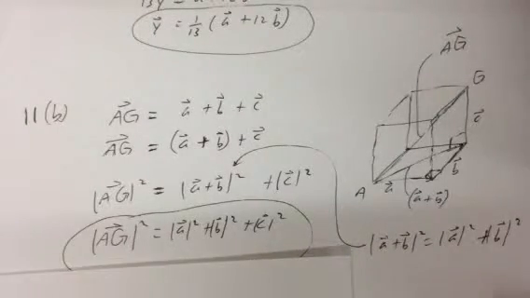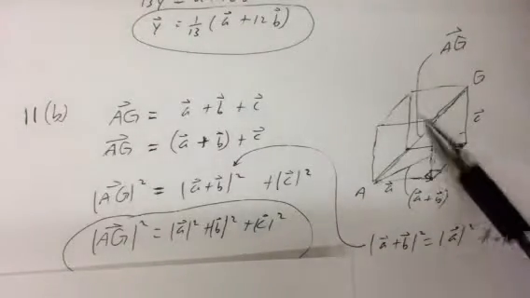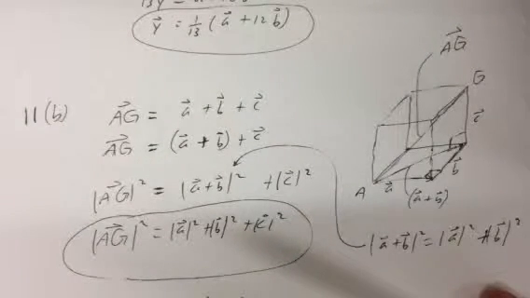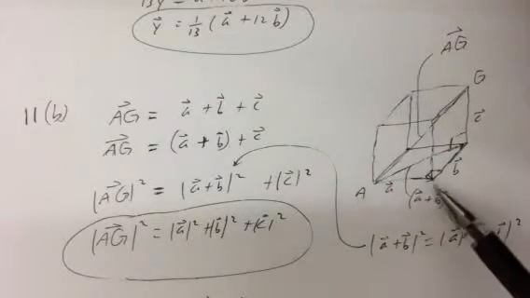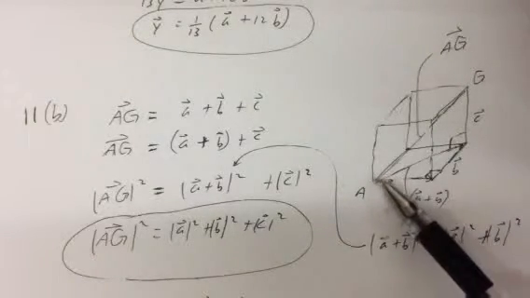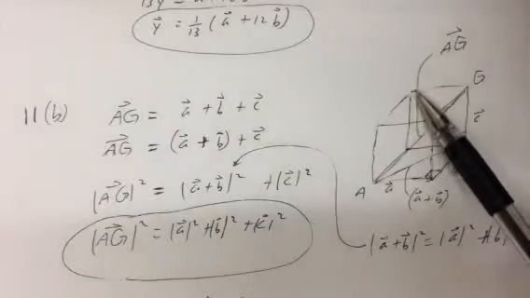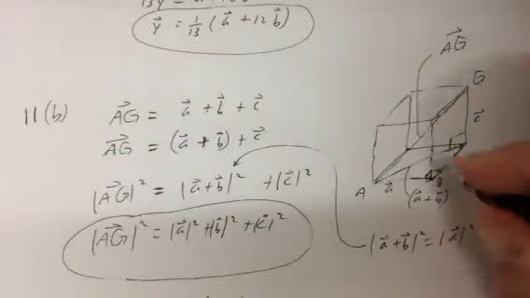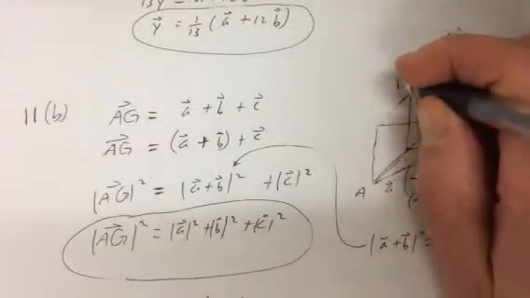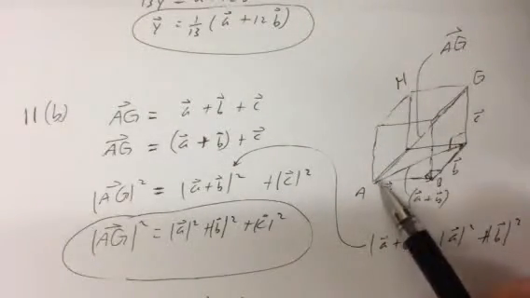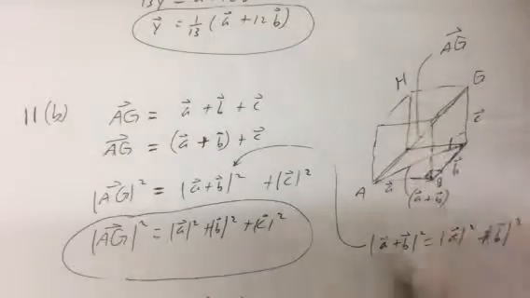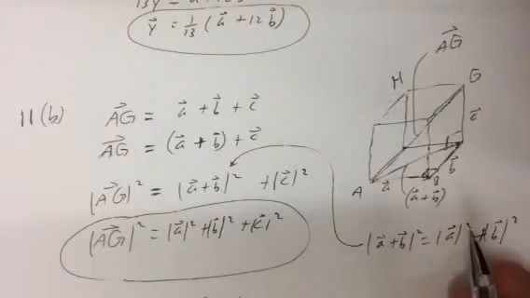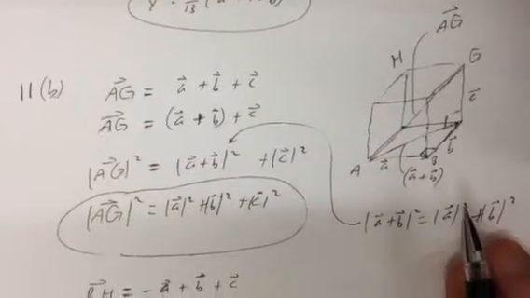Okay. Now we want to look at BH, which is the other diagonal we were talking about. Well, if we look at the original diagram, BH equals negative a plus b plus c. Okay, so this was B, and this is H. Now, breaking this whole thing down similarly, we end up with this formula here.